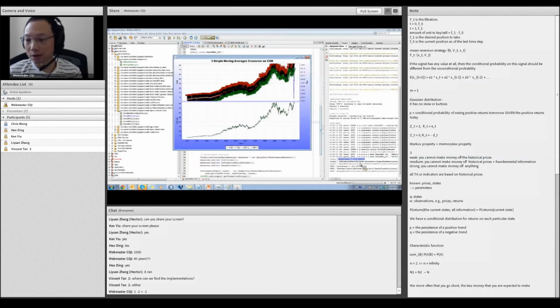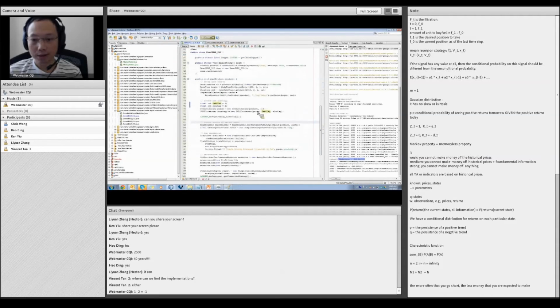So another thing you can try is another stock like Apple, for example, which is listed on Nasdaq. Maybe not from 1990, maybe from 2000.